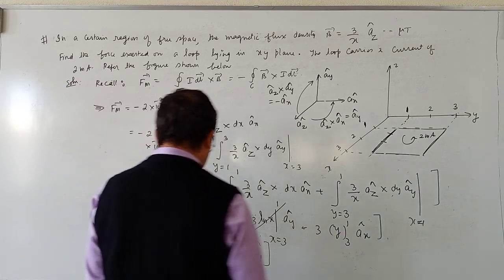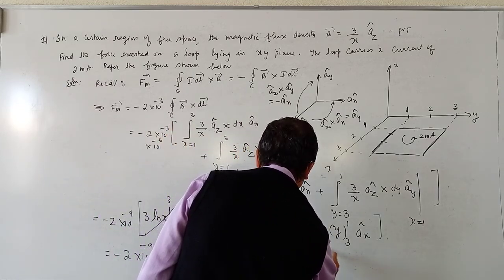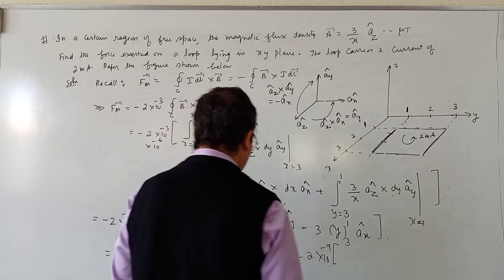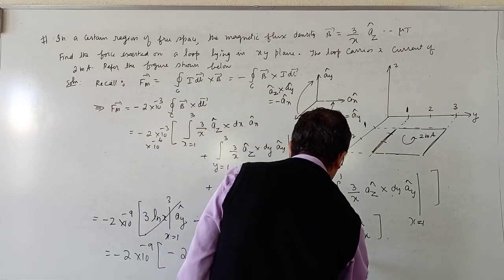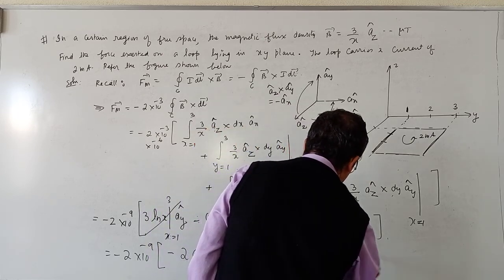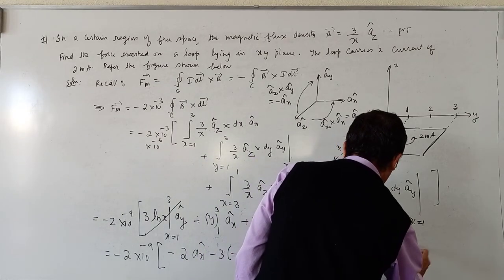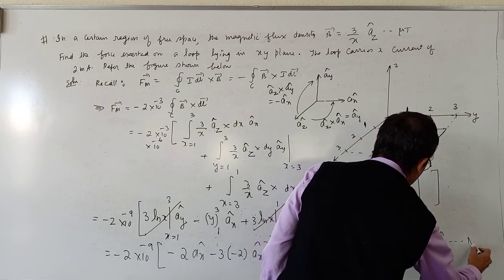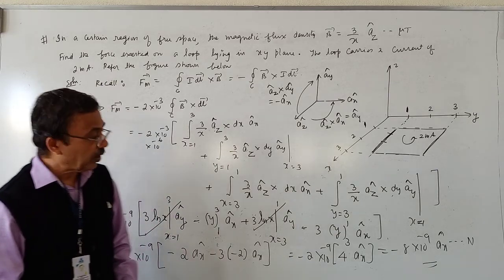So this becomes minus 2 into 10 to the power minus 9 into 4 times Ax cap. So this becomes minus 8 into 10 to the power minus 9 into Ax cap newtons. This is the answer: minus 8 into 10 to the power minus 9 newton.